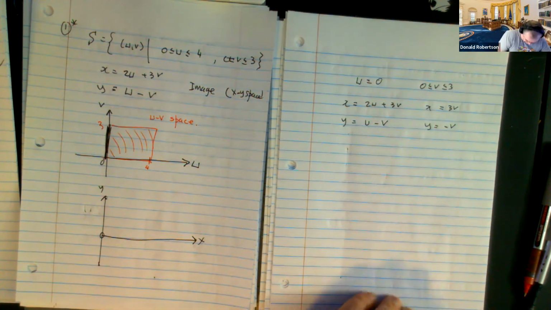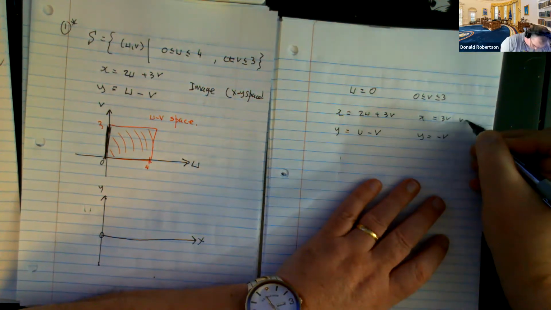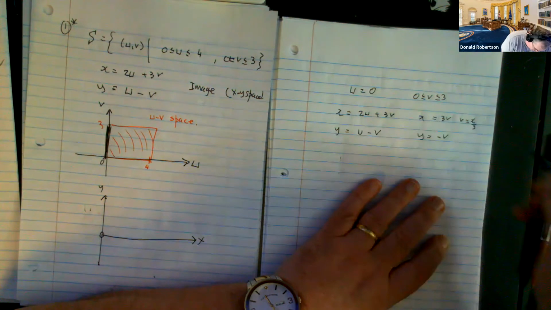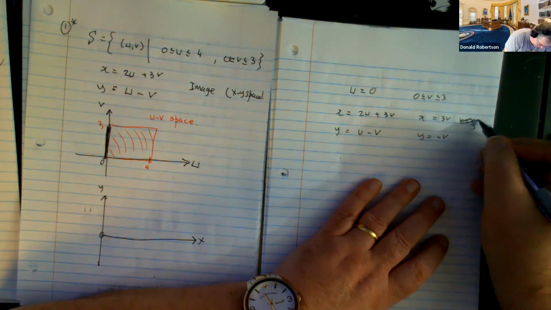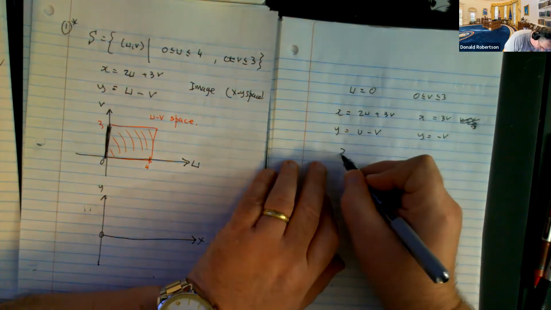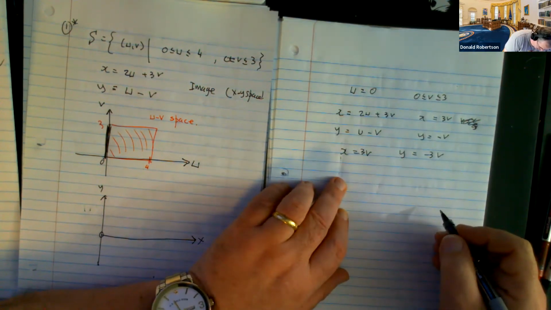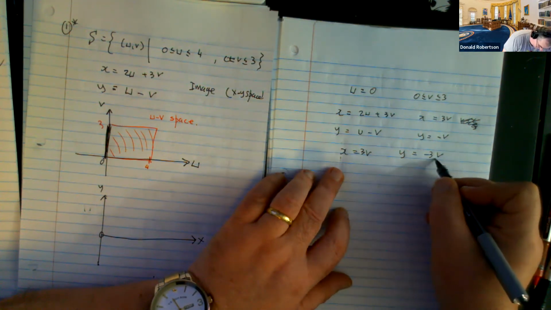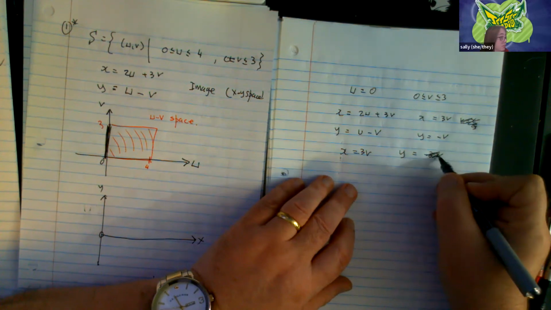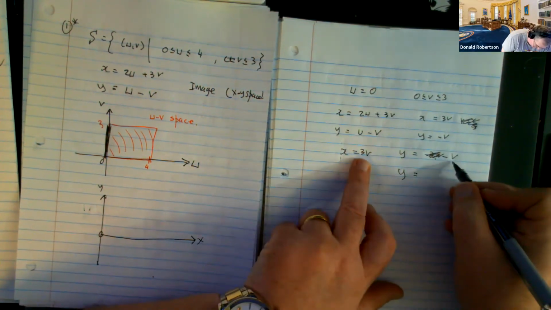Okay, so a couple of ways of doing that. Wouldn't the simplest way be to just say that, whoops, let's try that again. X is 3v and y is negative v. So if I take this, y is going to equal, what if you combine this information with that information?